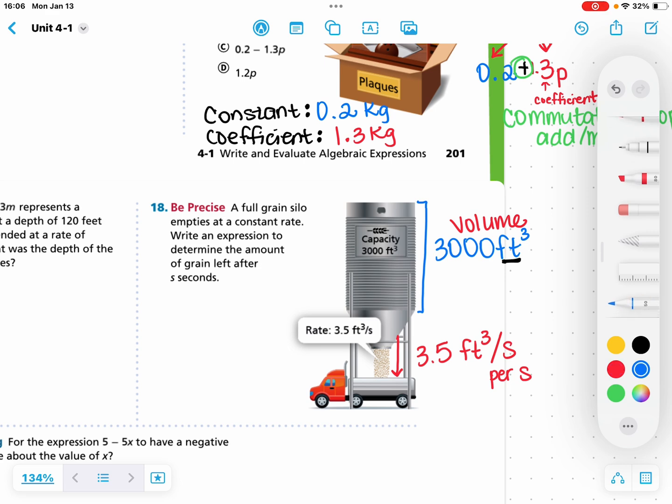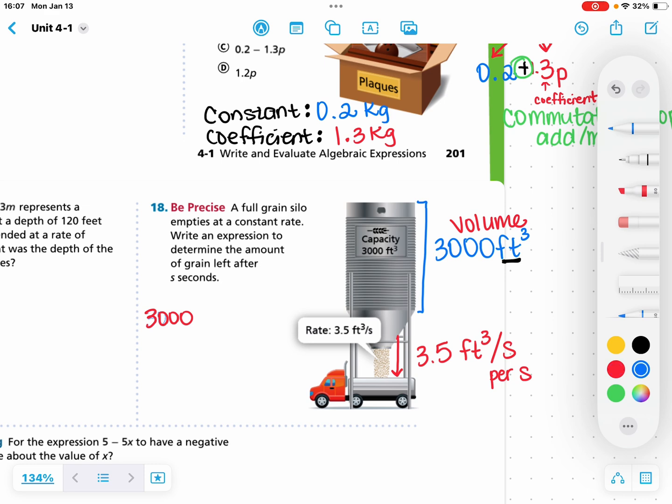So let's just start off with our constant. At full capacity, the volume of this silo is 3,000. At capacity, it is 3,000. That is our constant. This silo is not going to shrink. It's not going to expand or get bigger. It holds a constant capacity of 3,000 feet cubed of grain.